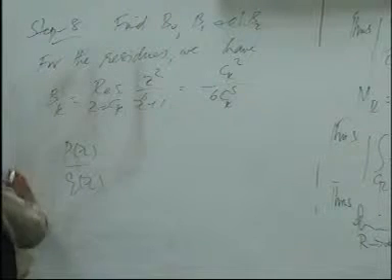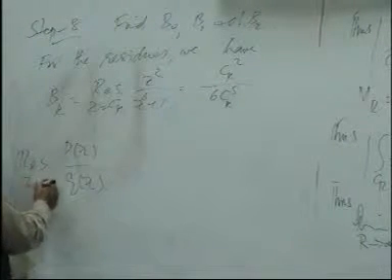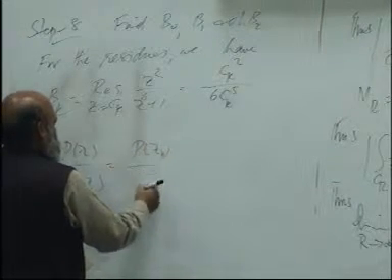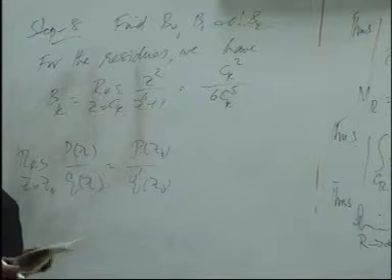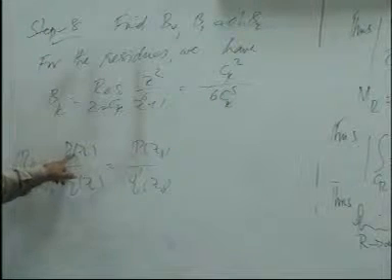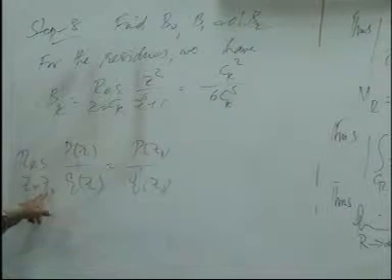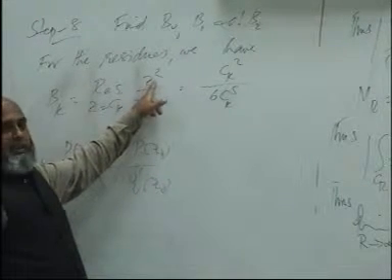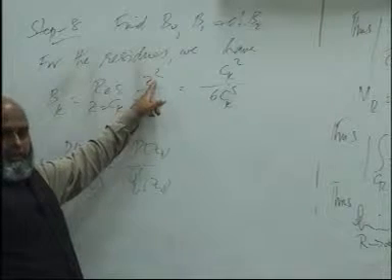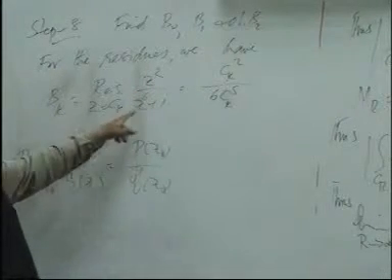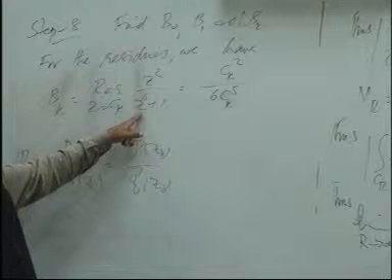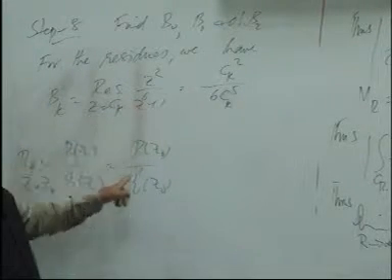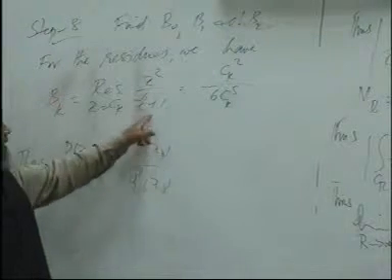The residue of this at z0 is nothing but p(z0) over q prime(z0). We just put this z0 in this function. We put Ck here, so it is Ck square. We find the derivative for this function, that is 6z^5, so z^5 is replaced with z0, so z0 is Ck.